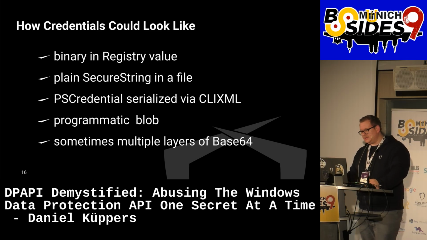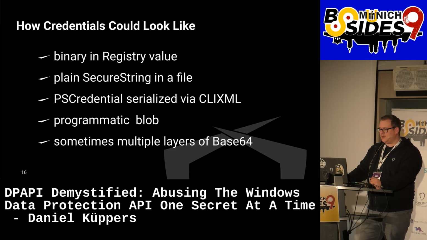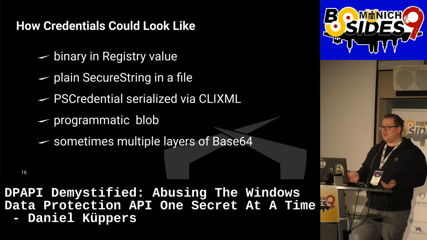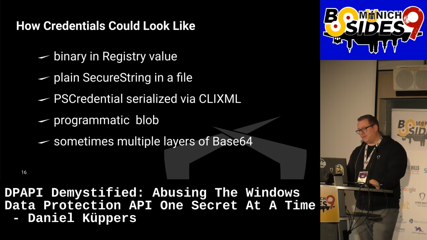There are common ways to store DPAPI secrets, and the most common ones are: stored in the registry as a binary array, a plain serialized PowerShell secure string in a file, or a PowerShell PS credential structure serialized in an XML file, a manually encrypted blob, or all of the above with multiple layers of base64 for good measure. It happens.